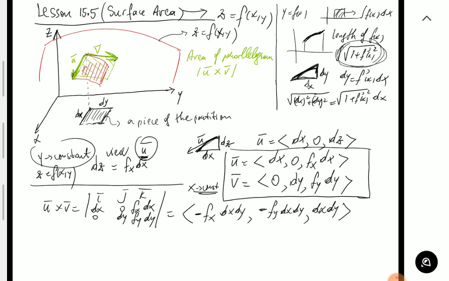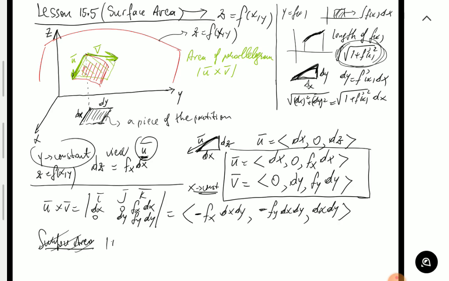So the area of the parallelogram is the magnitude of this cross product. So therefore, the surface area, and let's just write the formula on the next page.